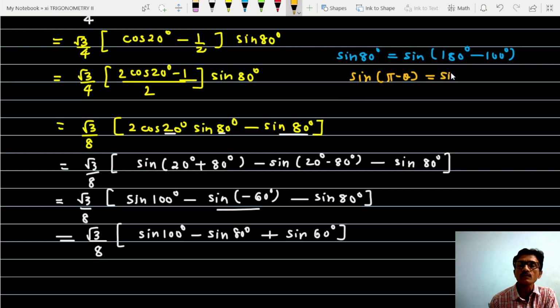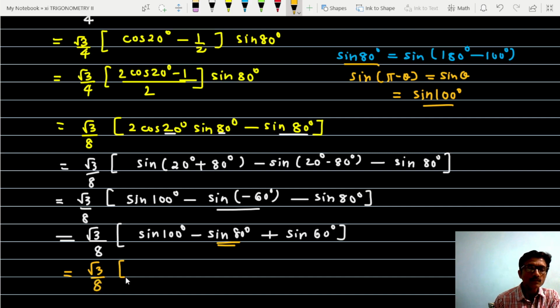So this will be sine of 100 degree, that means sine of 80 is equal to sine of 100 degree. So this sine of 80 will be equal to sine of 100 degree. Root 3 by 8 sine 100 degree minus the sine 80 is sine 100 degree again, plus the sine of 60 degree is root 3 by 2.